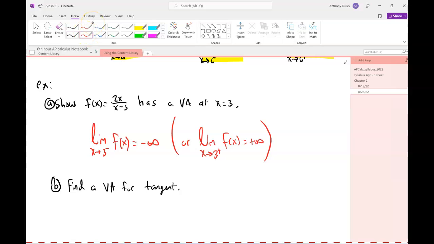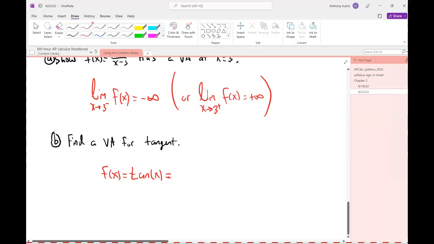So our next example asks us to find a vertical asymptote for tangent. Before I go and start graphing that, there is a trig identity that I would use here that would make this a little bit easier.